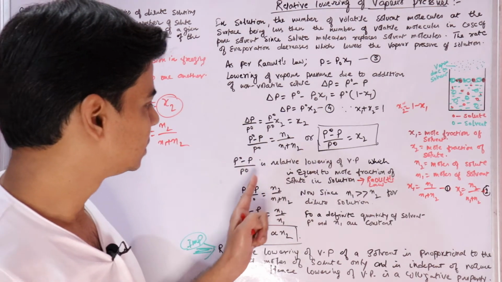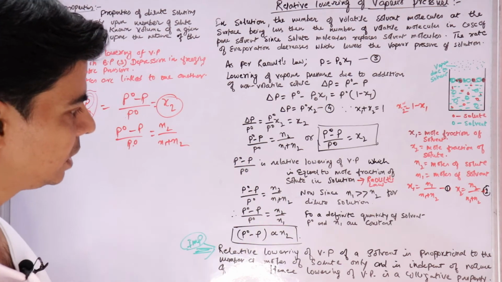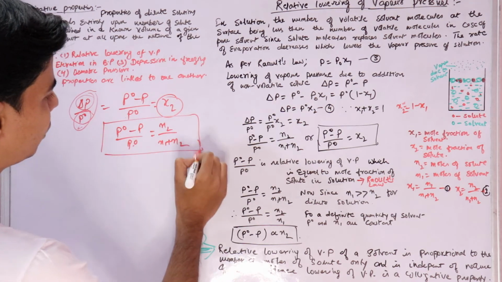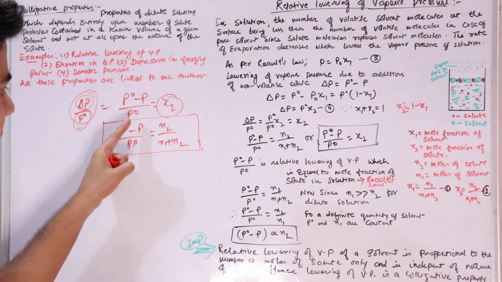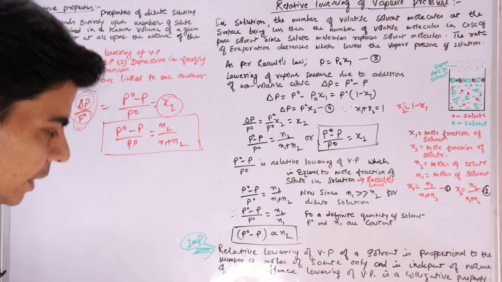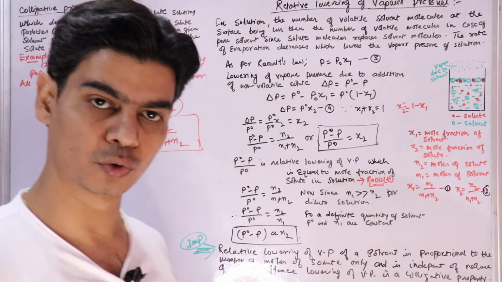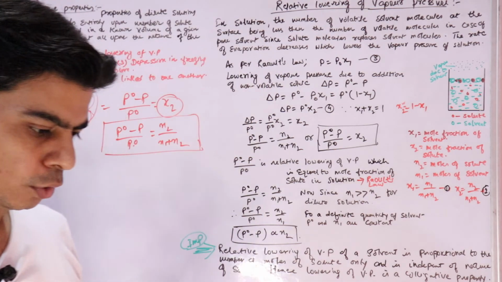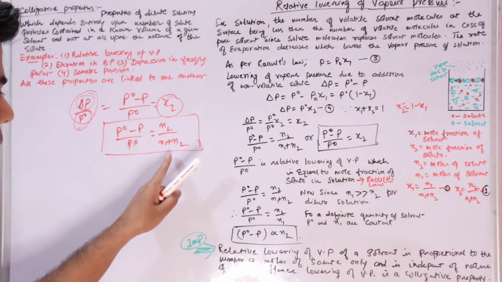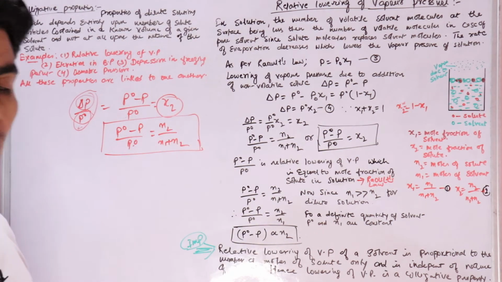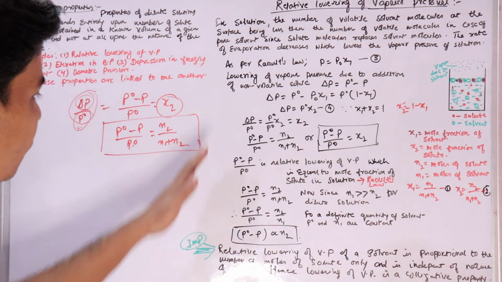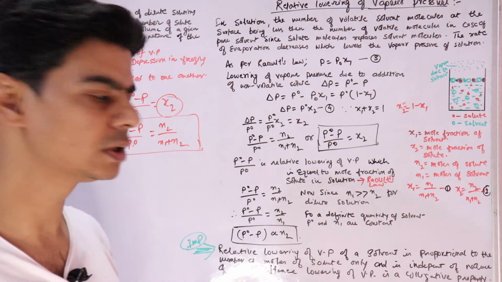So from this expression we get to know that relative lowering of vapor pressure is equal to the mole fraction of solute, which proves that lowering of vapor pressure is a colligative property, because it depends on the number of solute particles. It depends on the mole fraction of solute, right? So this proves that relative lowering of vapor pressure is a colligative property.